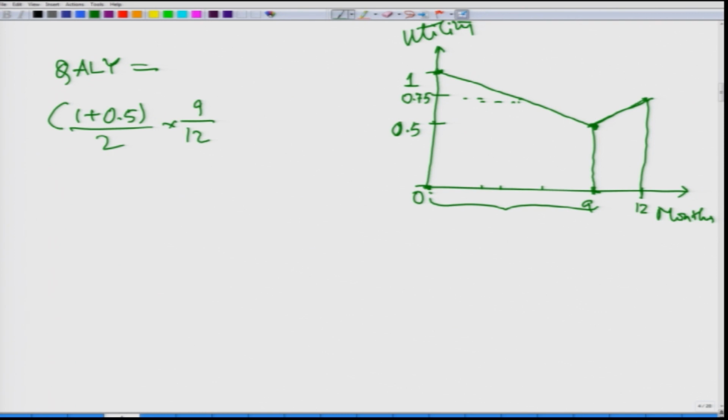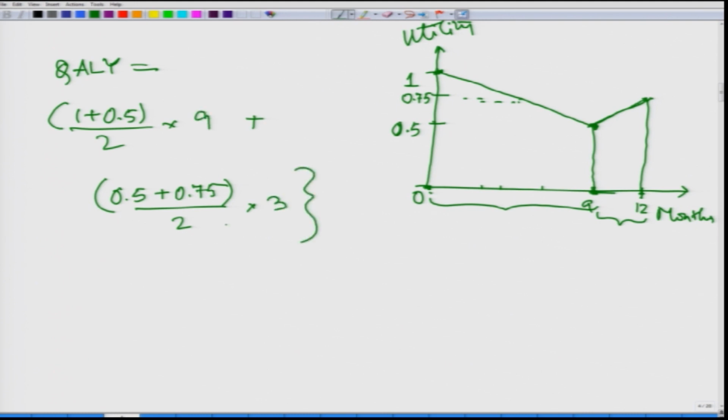by 12, plus over here during these 3 months, what is the average utility? 0.5 plus 0.75 by 2 into 3 by 12, or you can remove the by 12 and write just 9 and 3, total divided by 12, right?